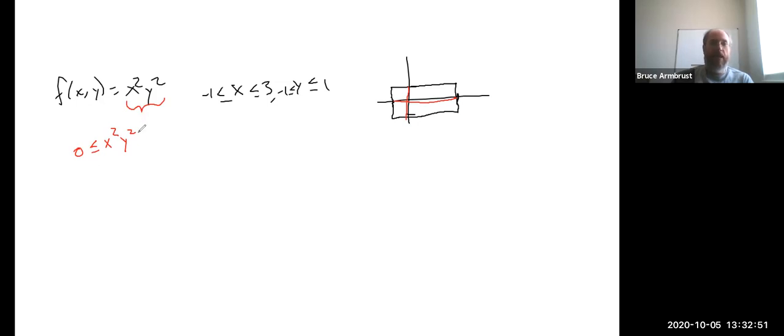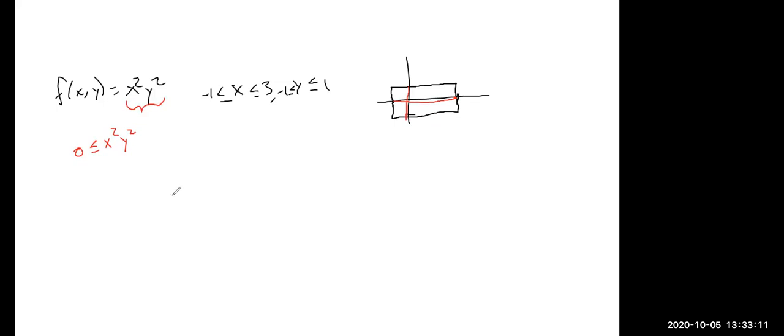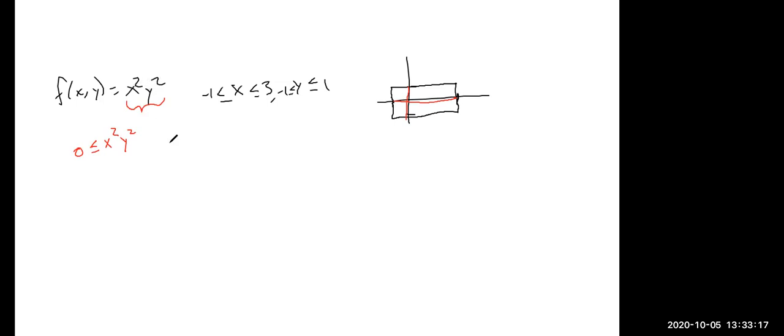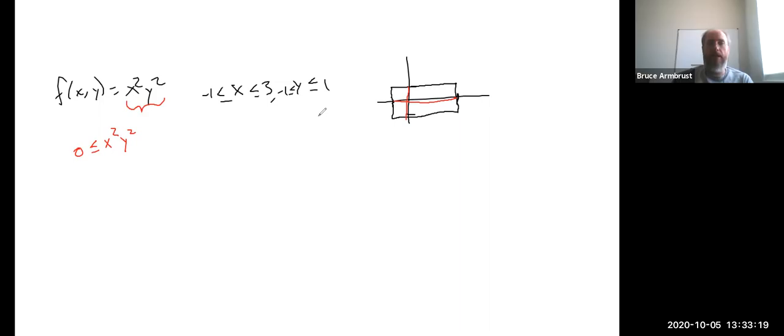All right, now the question is, is there a maximum number that it will take on? Well, what's going to make this the biggest? When x is 3 and y is 1. When we get our biggest possible x and our biggest possible y, that's actually going to occur in a couple of places.